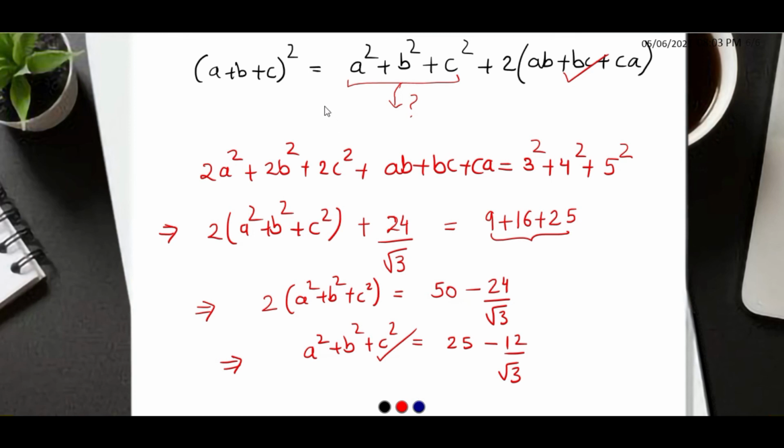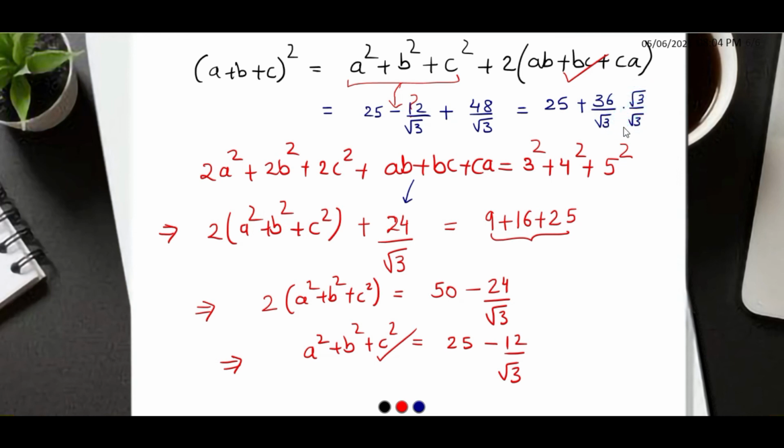So substituting in this equation, we get 25 minus 12 over root 3 plus 2 times 24 by root 3, which is 48 over root 3. If you simplify this, 25 plus 36 divided by root 3, rationalize this term.